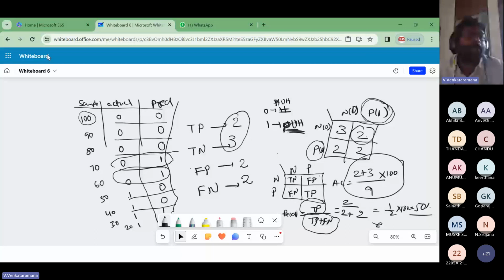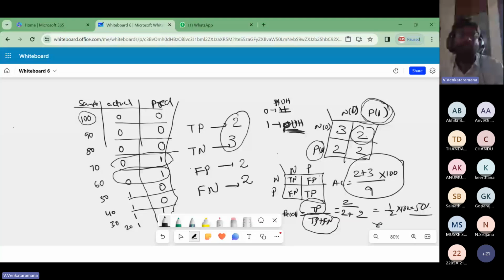The TP value is 2, and what about FP? It is also 2. So it is 50%. I just randomly chose these samples, so don't worry about the 50%. I'm showing a precision value equal to 50%.